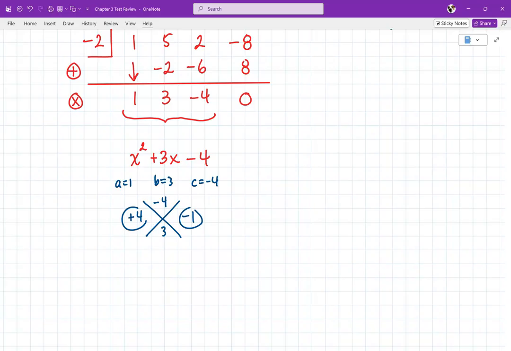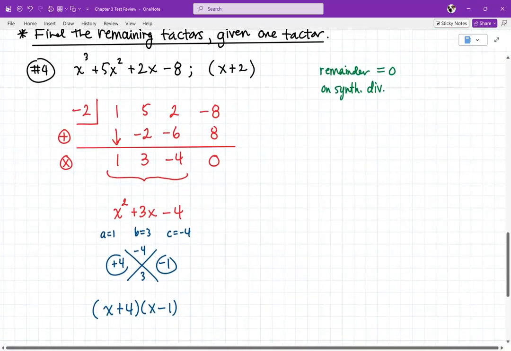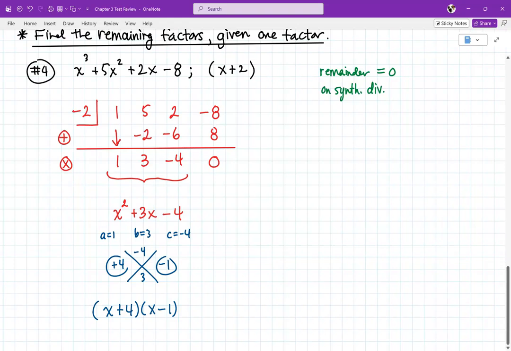I don't have to divide because a is 1. So here are my factors. X plus 4. X minus 1. And what was my last factor? X plus 2, right? The one that they gave me.